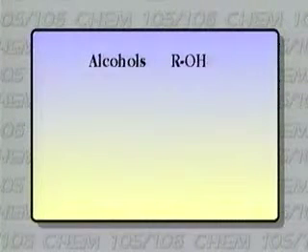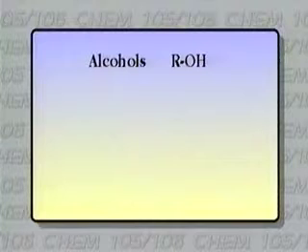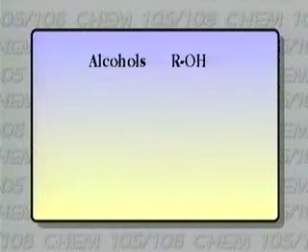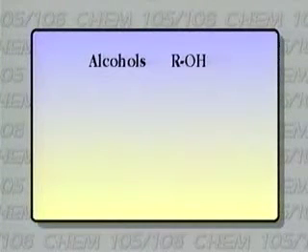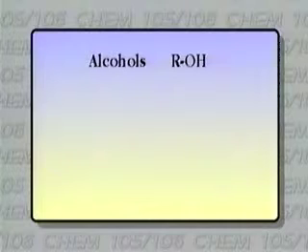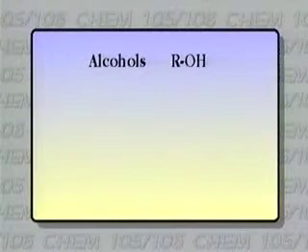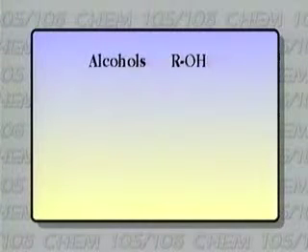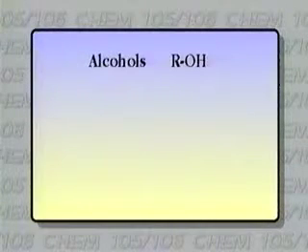So if we have something like a C10H21 attached out there, that would be a hydrocarbon group that we would have on there. So the R stands for any hydrocarbon group that we might have attached.